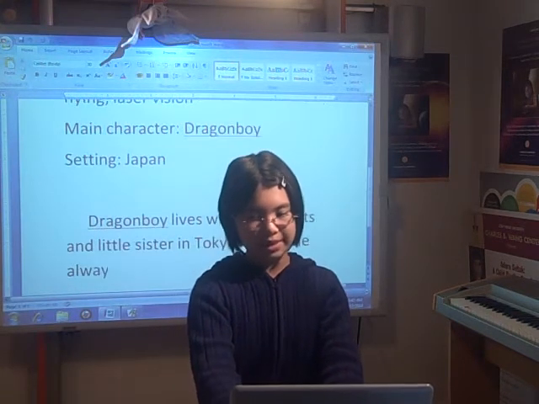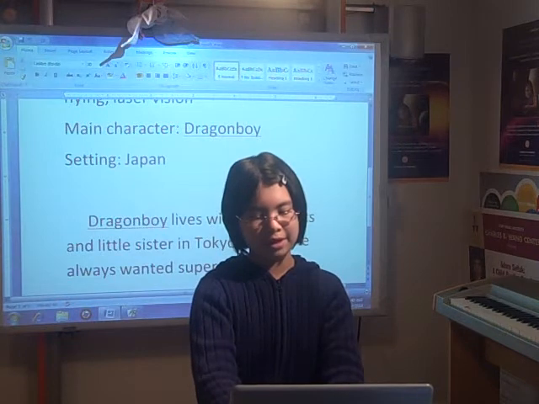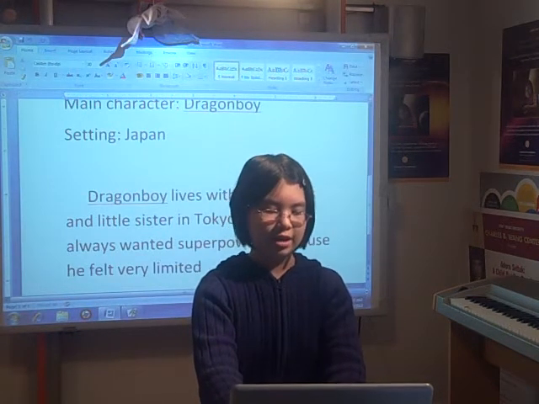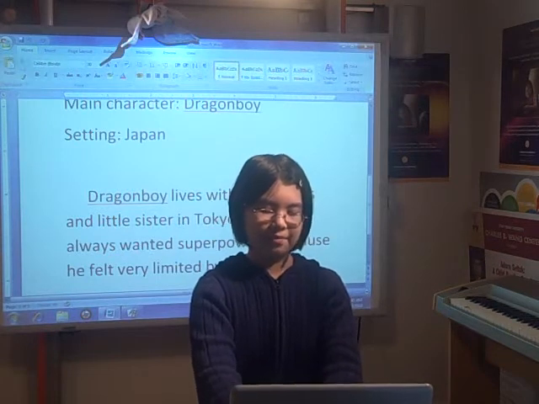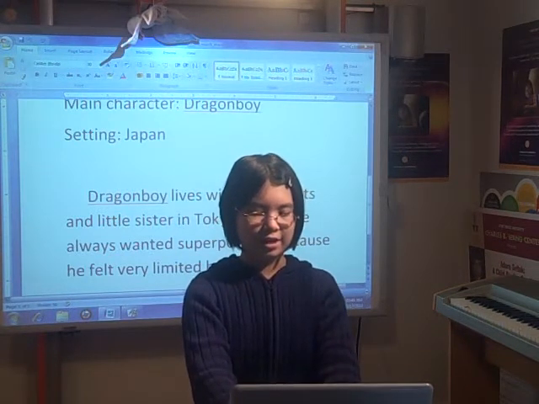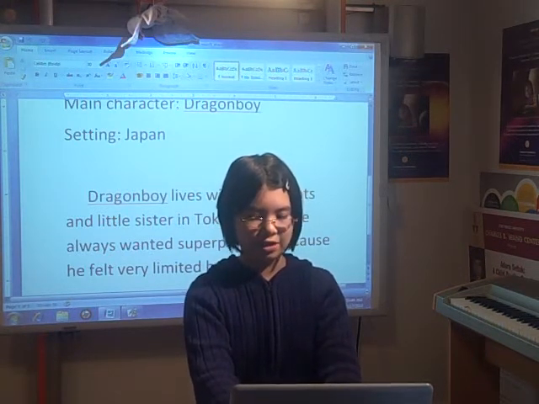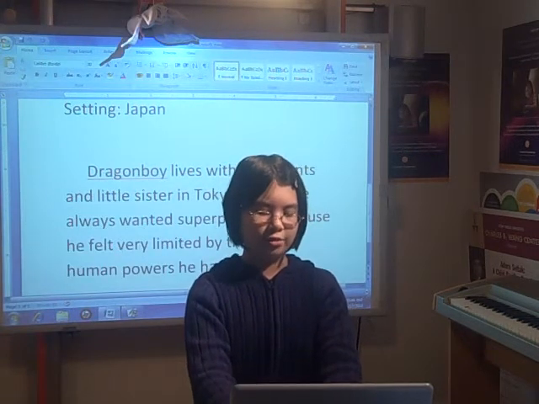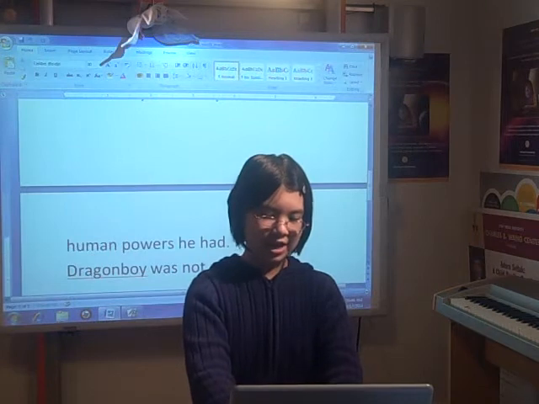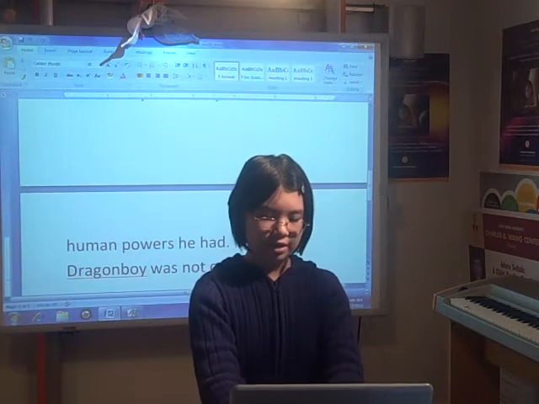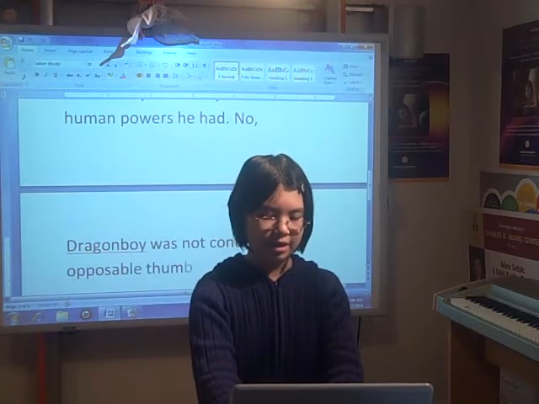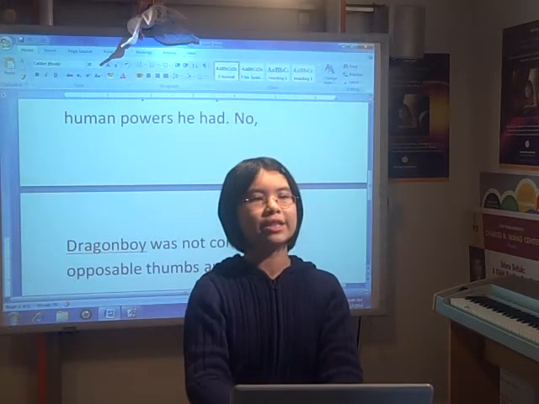He always wanted superpowers because he felt very limited by the basic human powers he had. No, Dragon Boy was not content with opposable thumbs and what is something else that humans have?